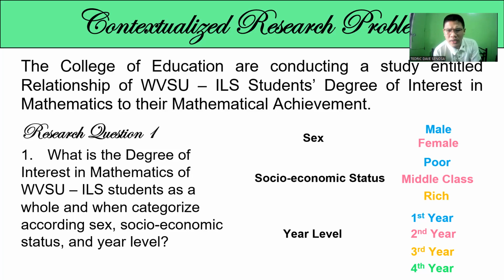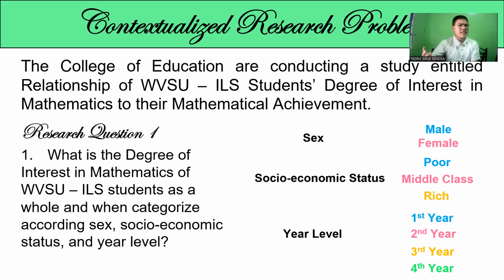In our study, we adopted 2 groups for sex, male and female; 3 groups for socioeconomic status, the poor, the middle class, and the rich; and the year level, which is the 1st year, the 2nd year, the 3rd year, and the 4th year. So that's research question number 1.